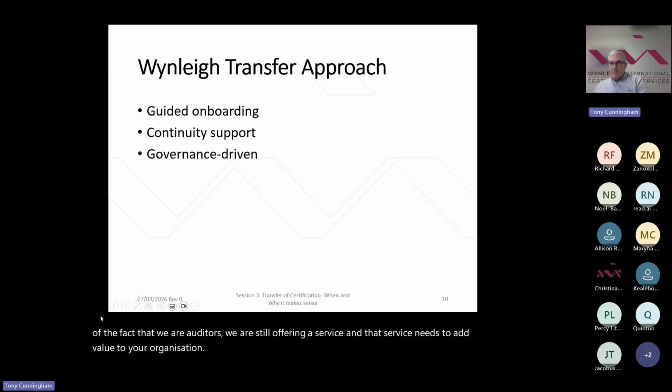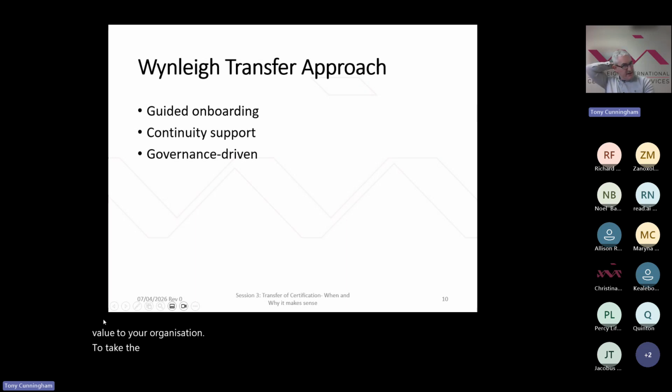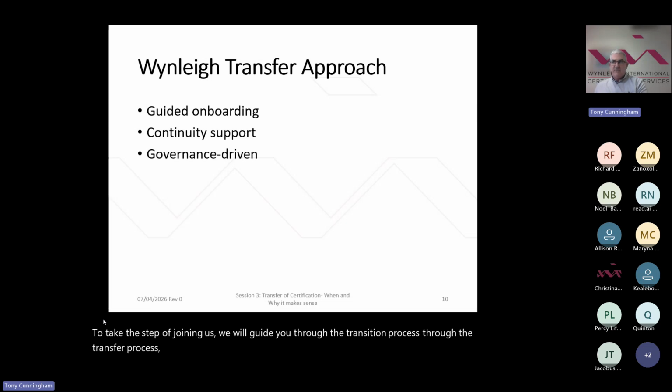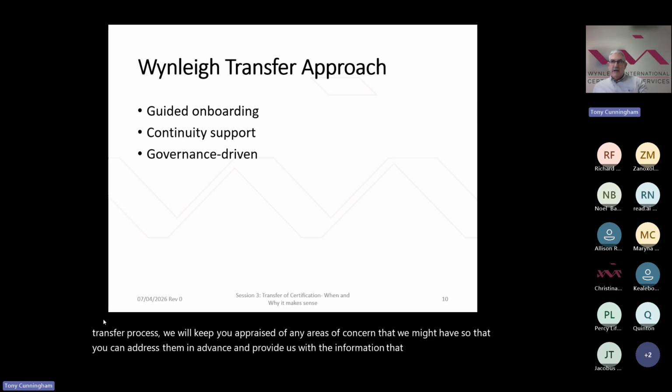To take the step of joining us, we will guide you through the transition process, through the transfer process. We will keep you apprised of any areas of concern that we might have so that you can address them in advance and provide us with the information that we require.